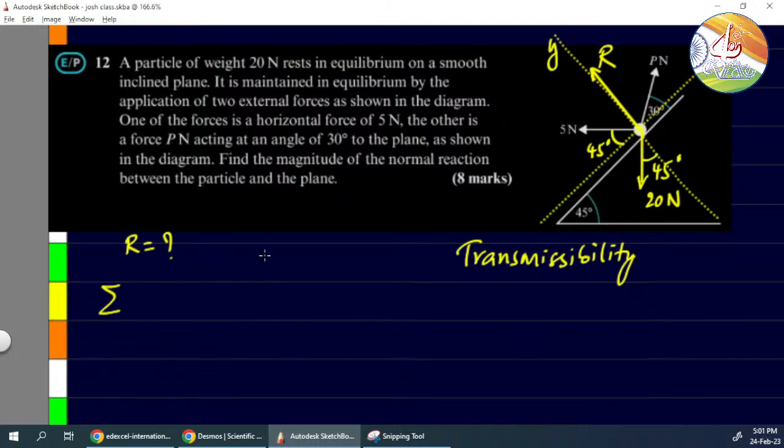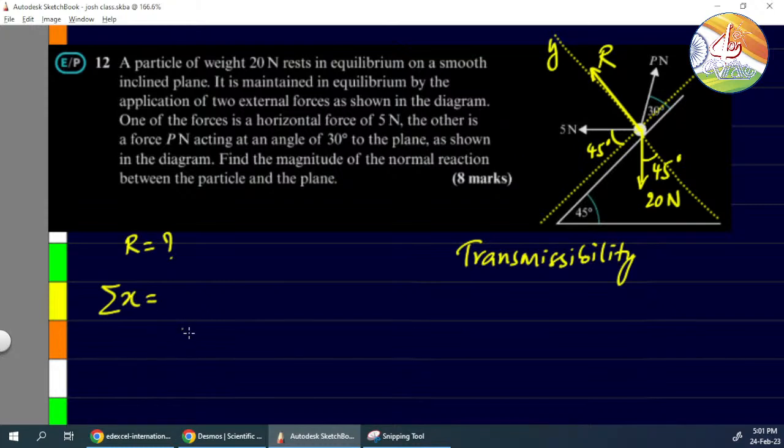Should we take x or y? R is perpendicular, R is along y direction. And P is also inclined. So if you take sigma y first, you will get two unknowns. So it's better to go with x. So first let us go with sigma x.